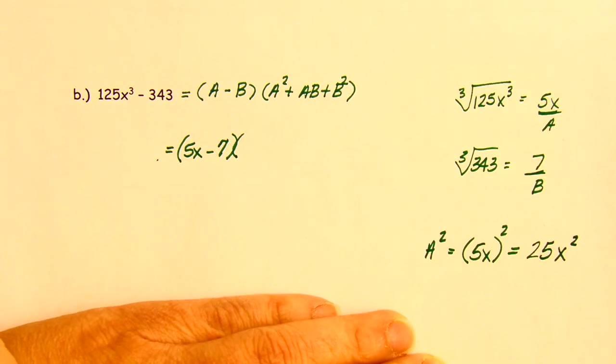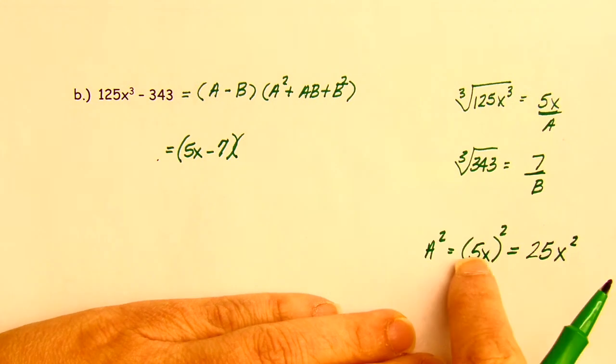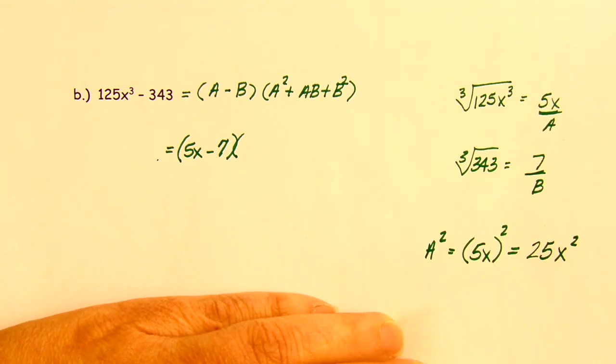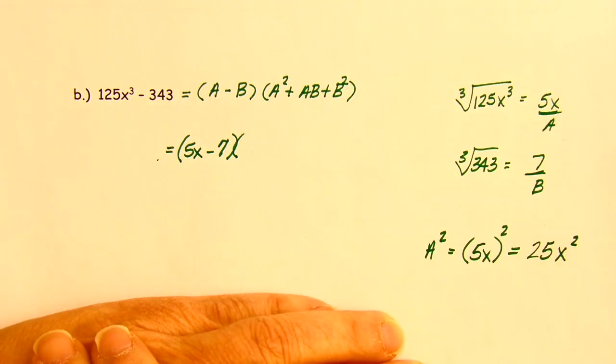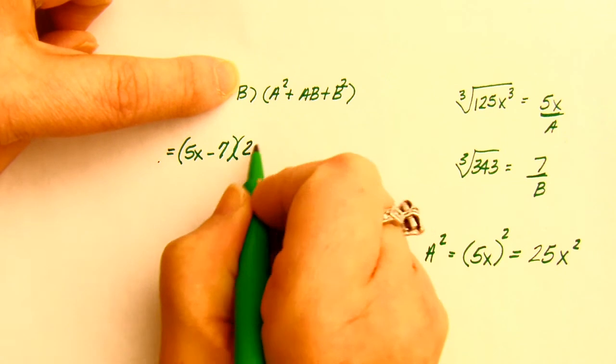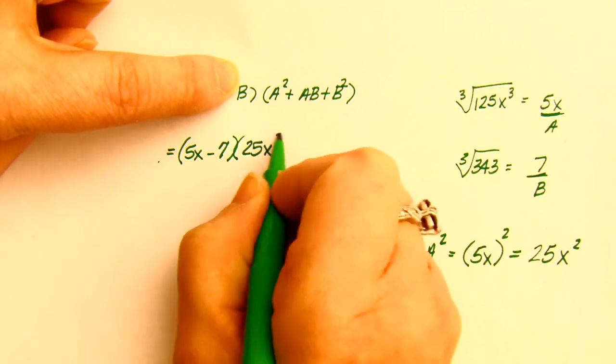A lot of students always forget to square the coefficient. Remember, this is a product raised to a power, and so you have to distribute the exponent. That's the same as 5 squared times x squared. So this A squared is going to be 25x squared.